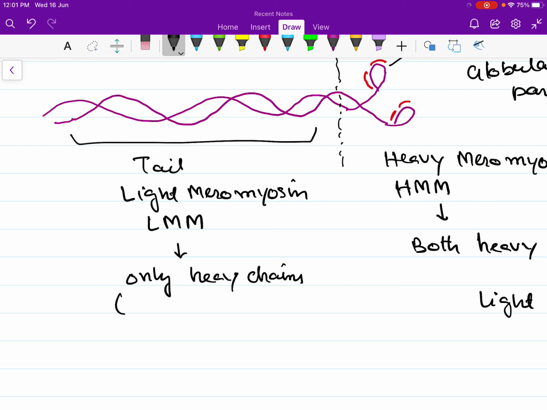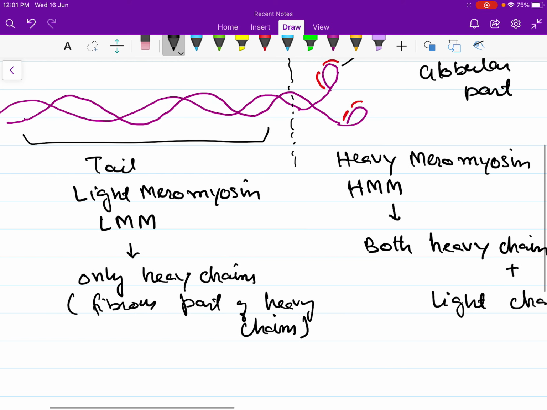The fibrous part of heavy chains forms the light myosin.